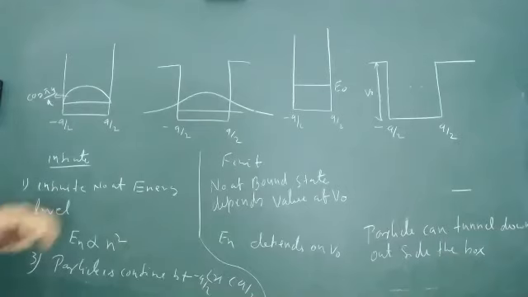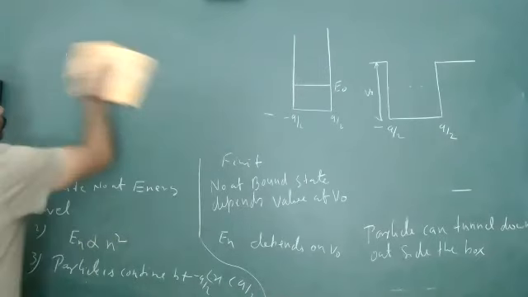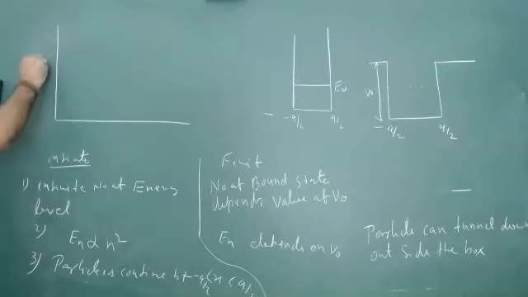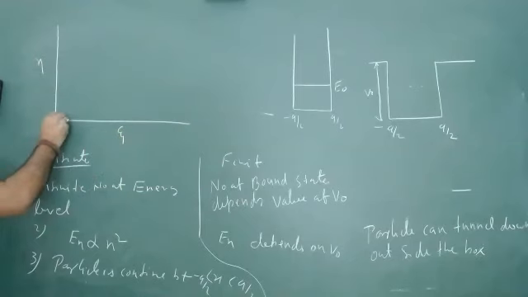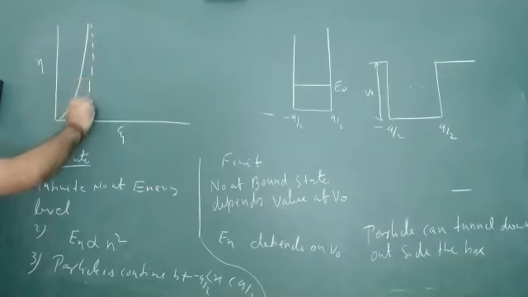Look here, how we can analyze this. We have eta versus the curve, and this is the case where you have pi by 2.